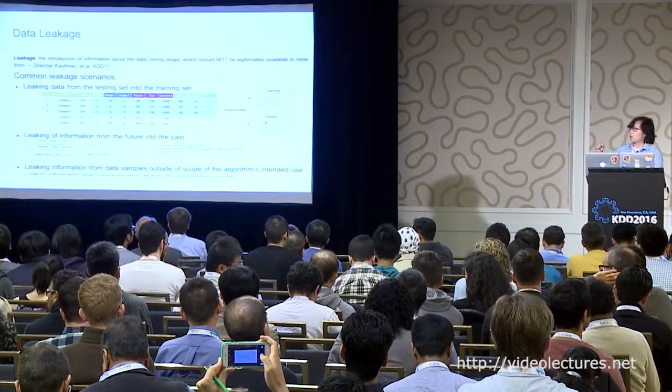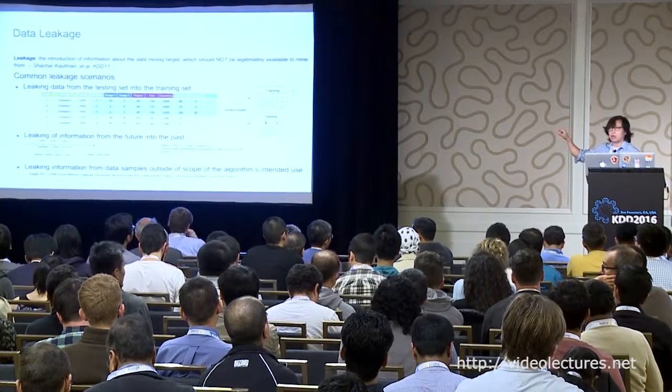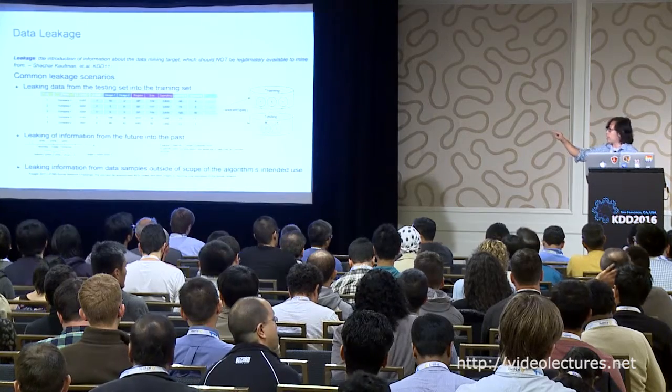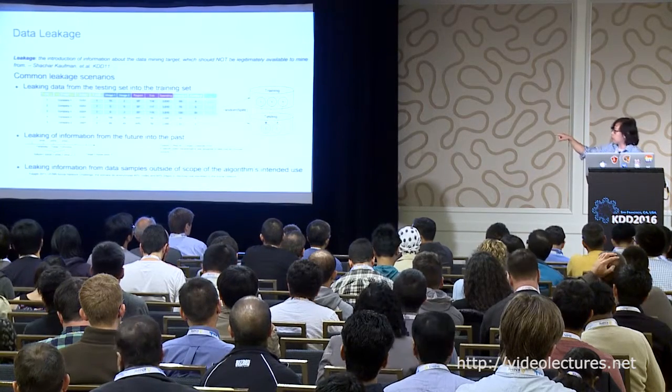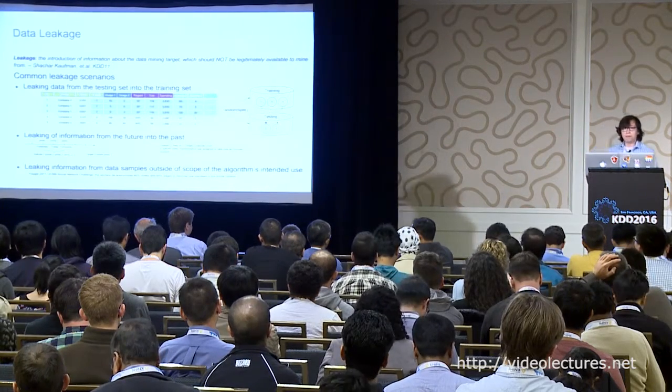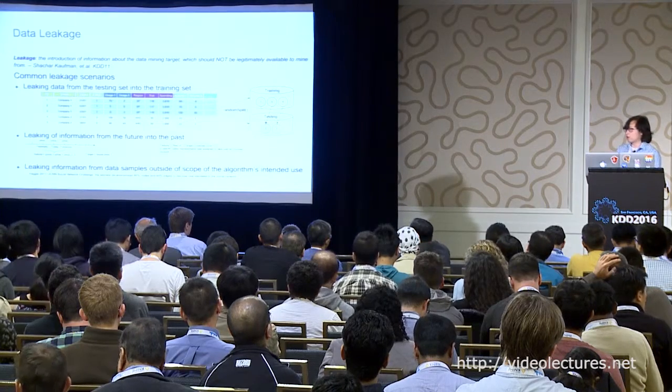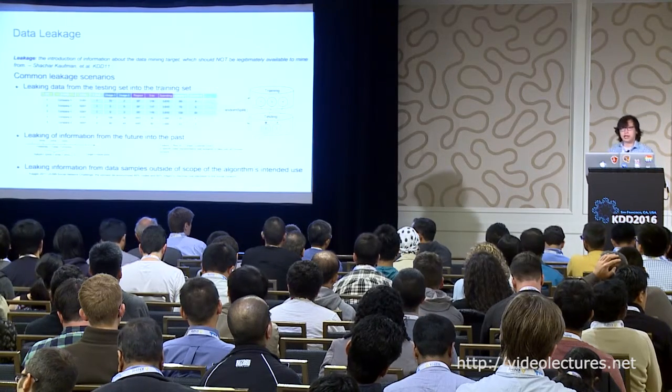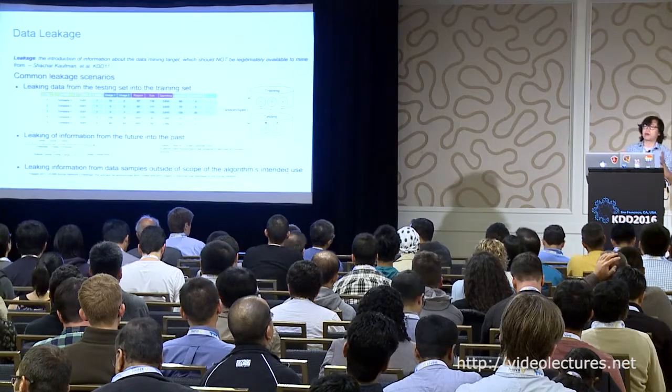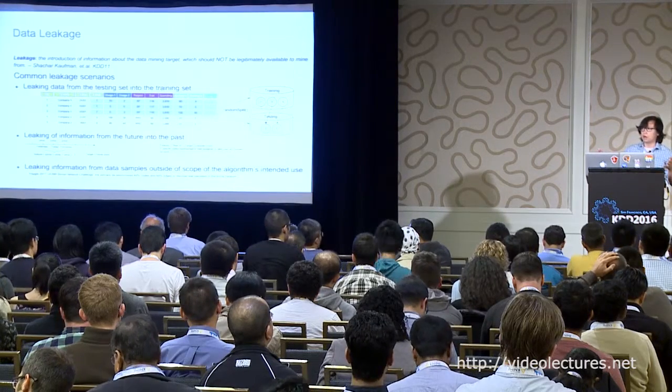So there's always a positive label associated with company 1 and a negative label associated with company 2, right? That's the observation.